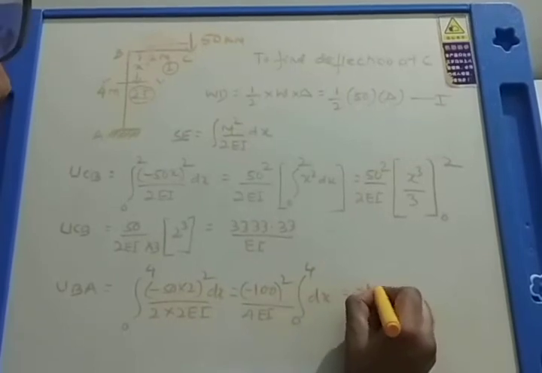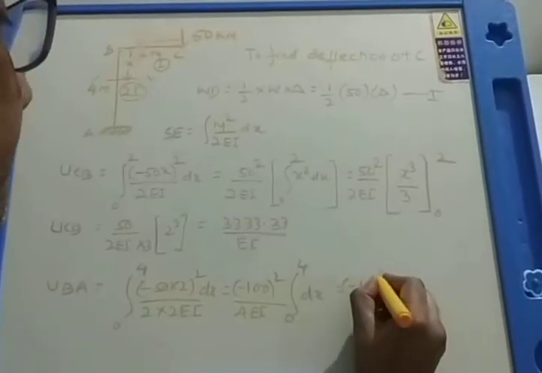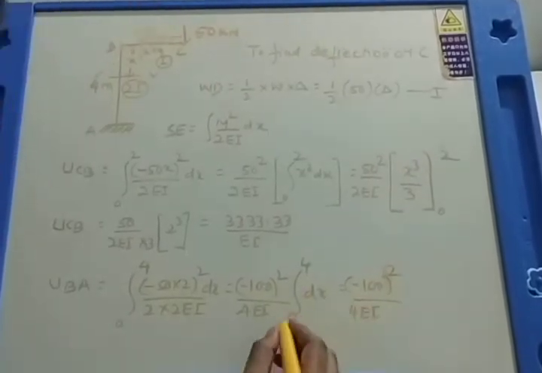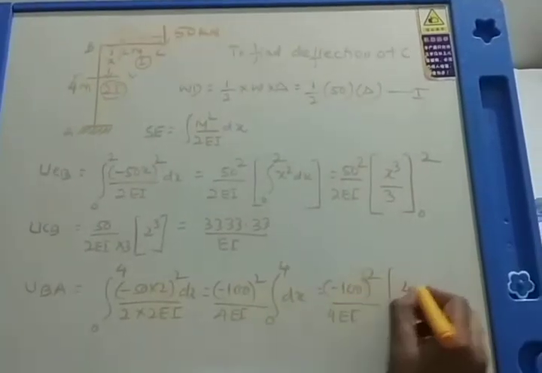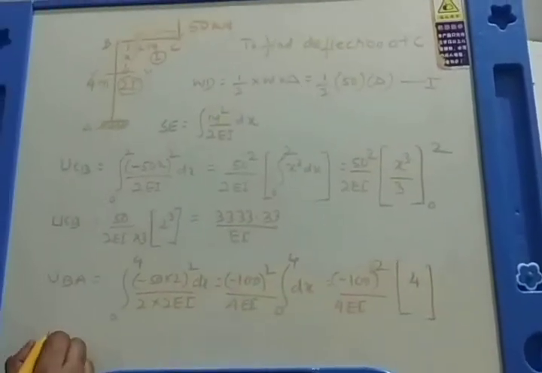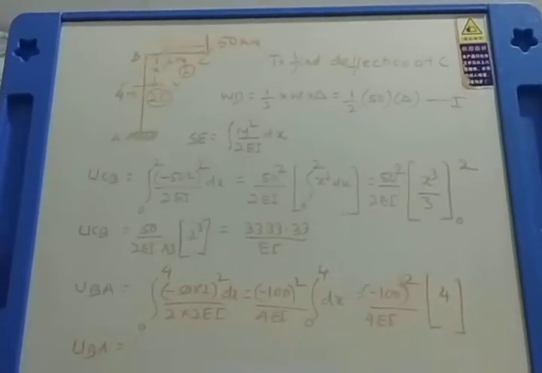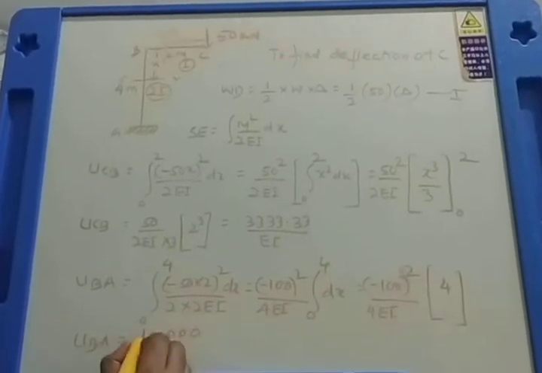That is minus 100 square, that is plus 100 only, minus 100 the whole square upon 4EI. Dx integration is x, and x directly lower limit is 0, it is 4. So UBA will be equal to, if you do the calculation, 10,000 upon EI.